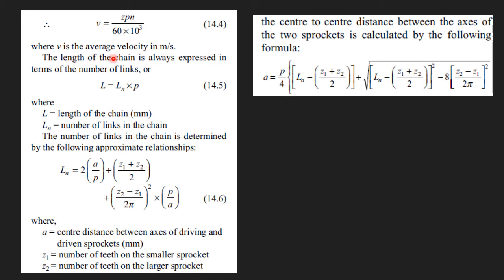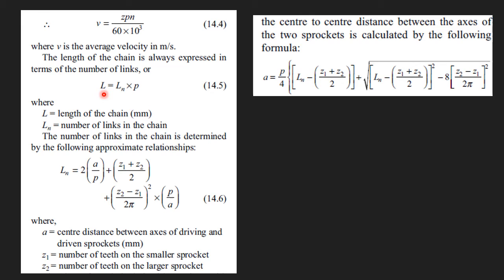The total length of the chain will always be represented in terms of how many links are present and what the pitch value is. Number of links I have already told you, one link, two link, next, and each link is connected by an outer plate. So the number of links multiplied by the pitch will give you the total length.